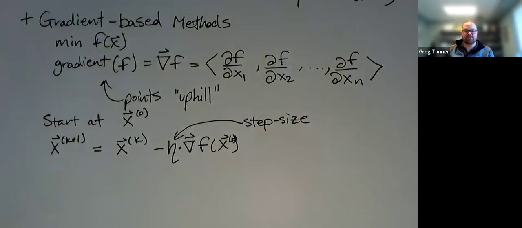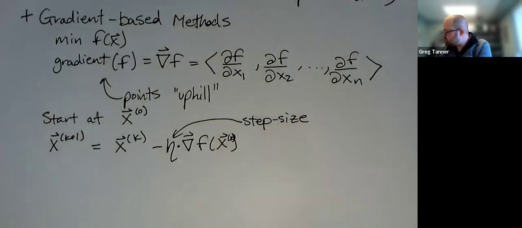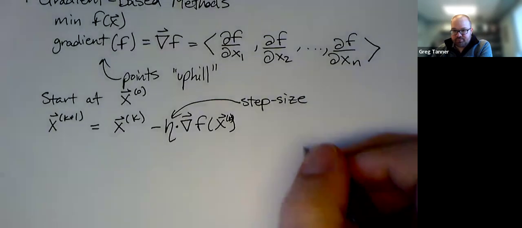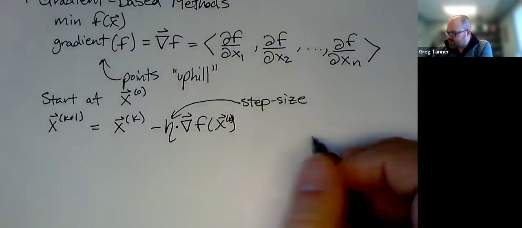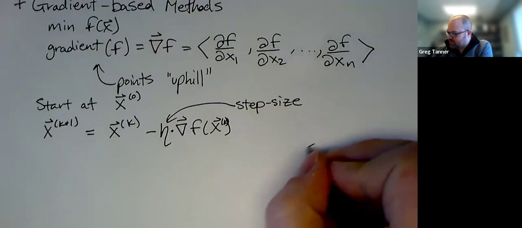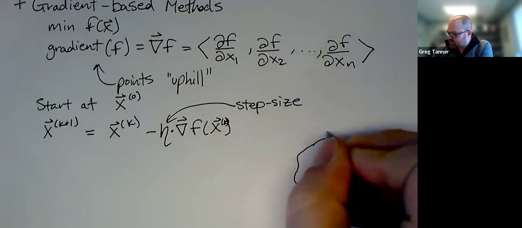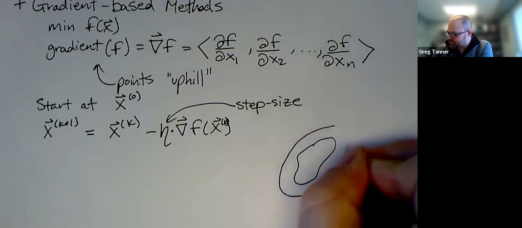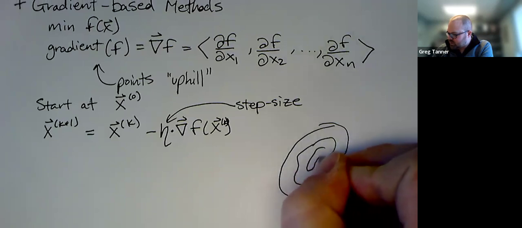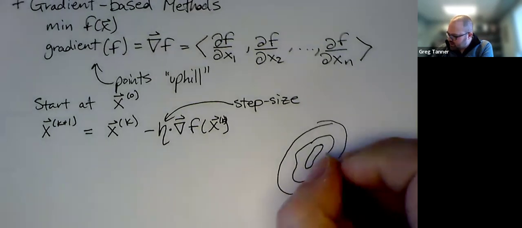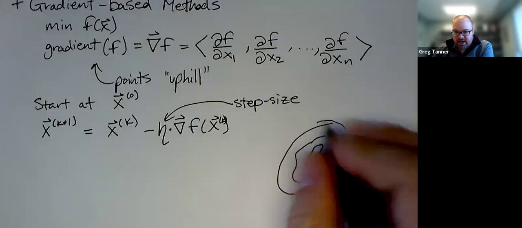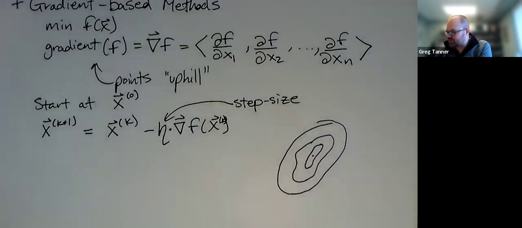Okay, and we make a small step in the direction opposite of the gradient. Visually, we can think of a topographic map, here's a height map of our objective function.